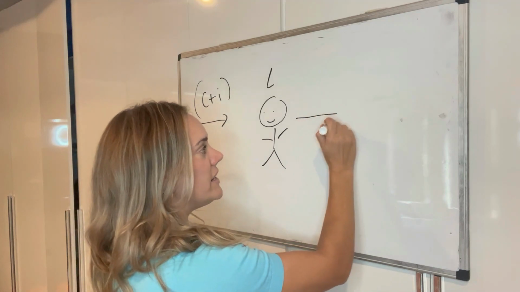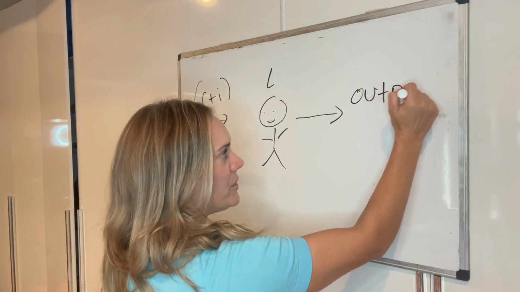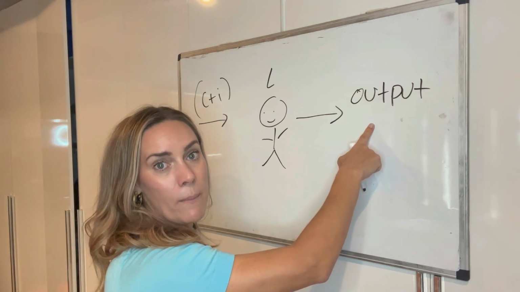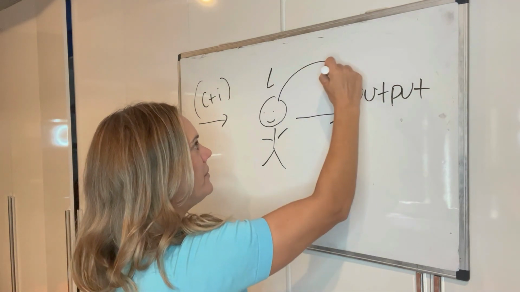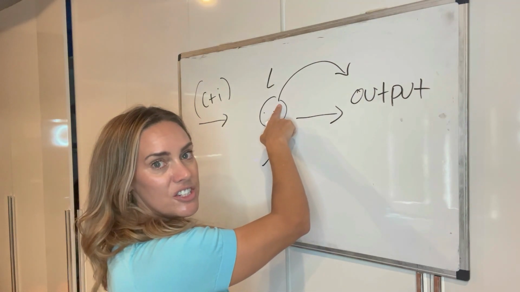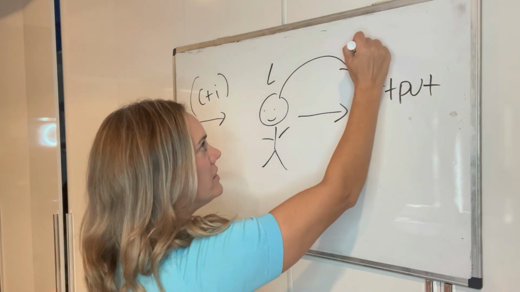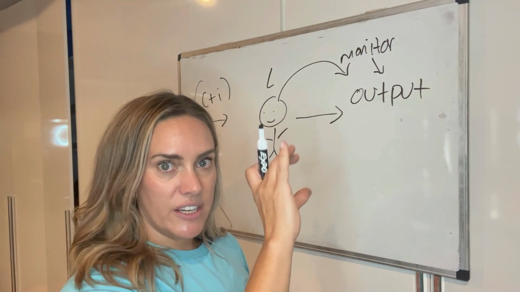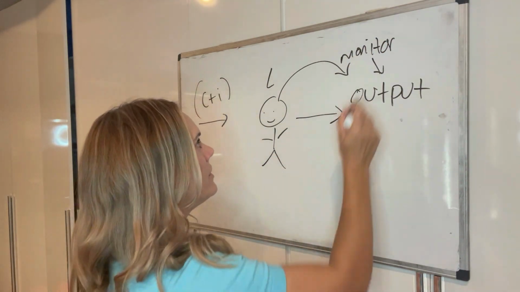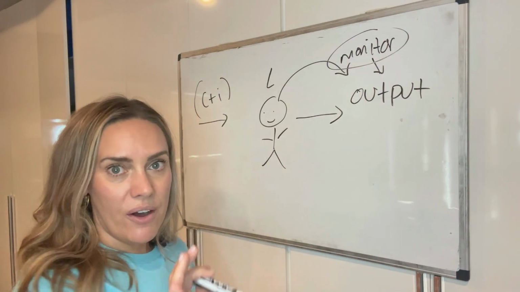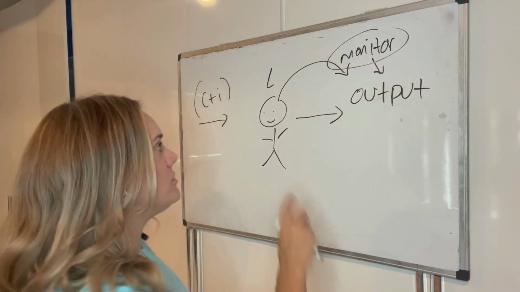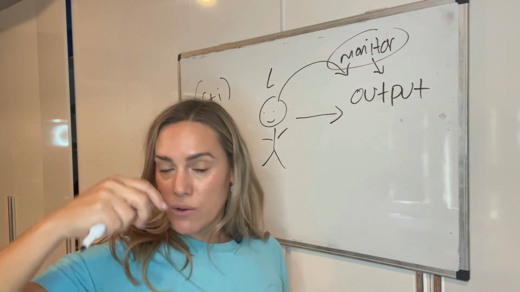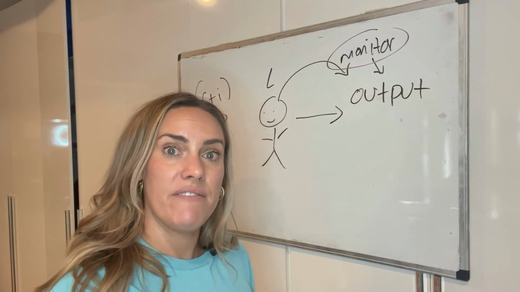And then ideally, they will produce output, okay? But the output they produce is going to be monitored by their knowledge of the rules, right? So the monitor is going to be checking their output and adjusting and learning from mistakes, actually, okay? Now, this ability for them to take in the language can be high or low depending on the affective filter.